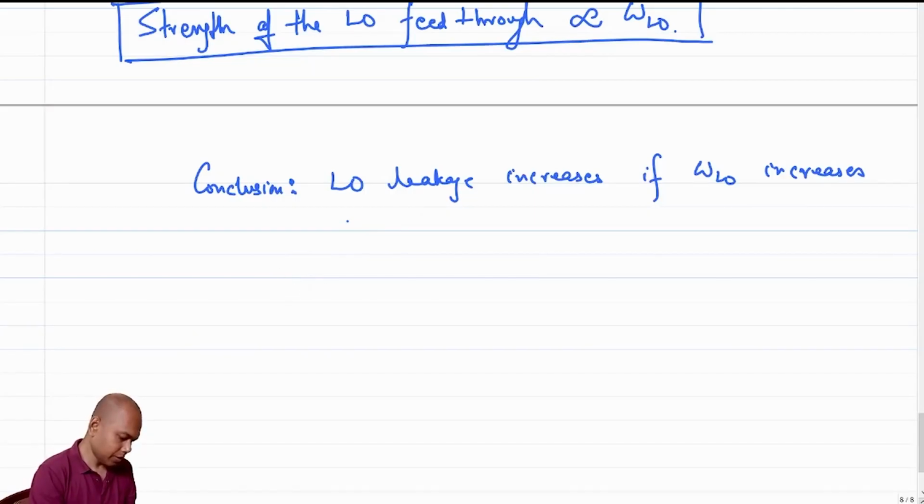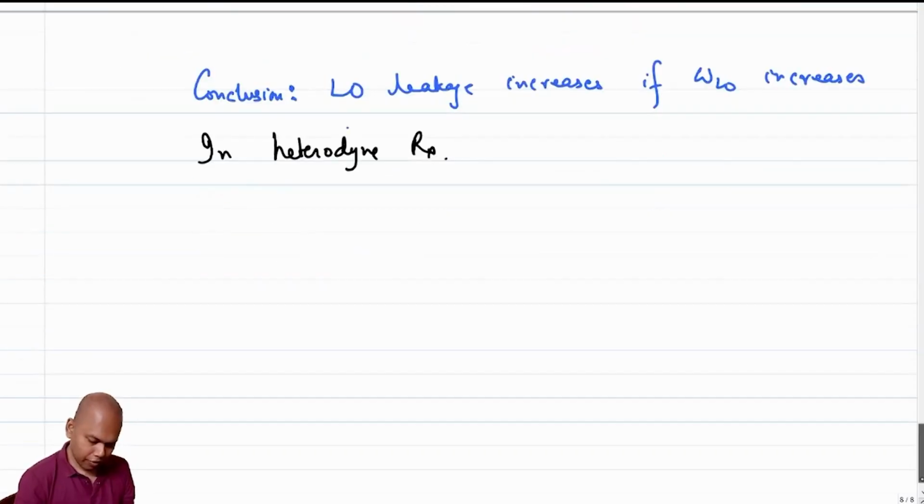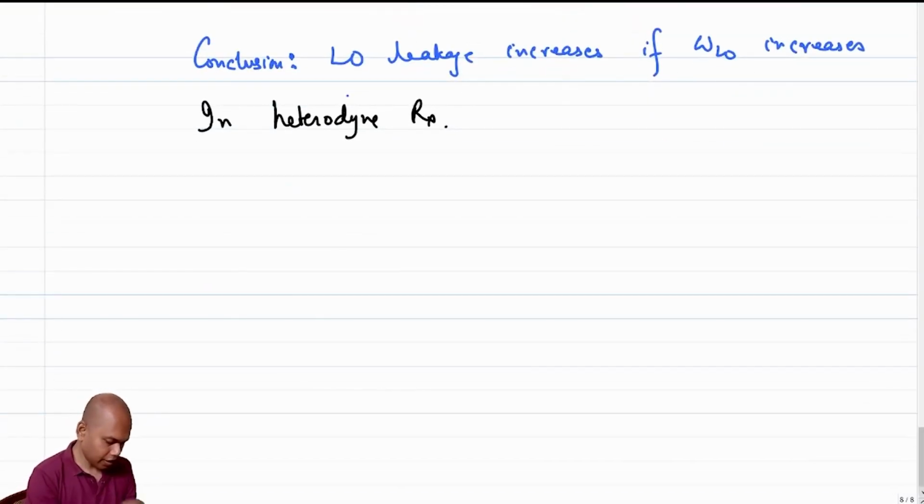So which essentially means that in a heterodyne receiver, so now if I sketch the heterodyne receiver, and I'll not sketch the SAW filter and all.